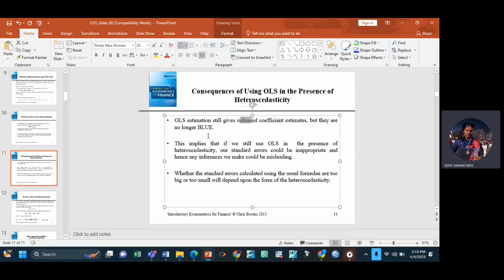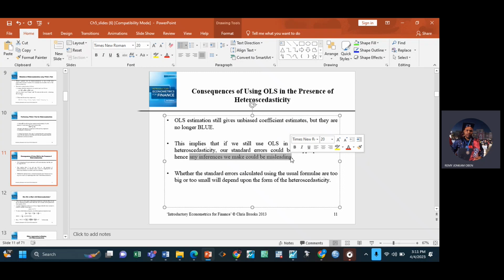Yes. This implies that if we still use ordinary least squares in the presence of heteroscedasticity, our standard errors could be inappropriate, and hence any inferences we make could be misleading. Who can explain this statement? What does this statement mean? Who can help me? If we still use ordinary least squares in the presence of heteroscedasticity, our standard errors will be inappropriate, and any inferences we make will be misleading.